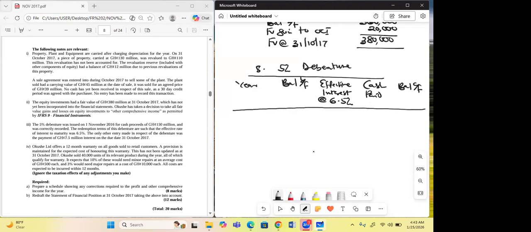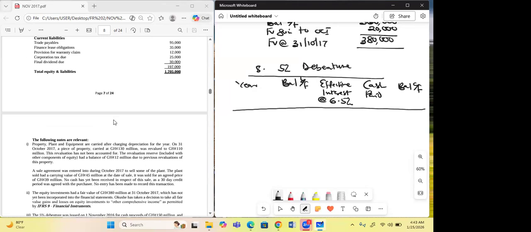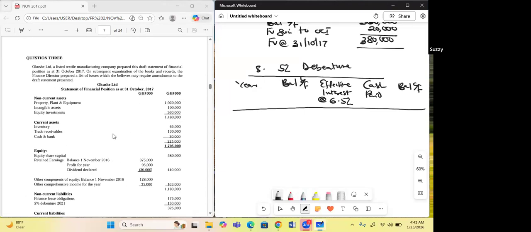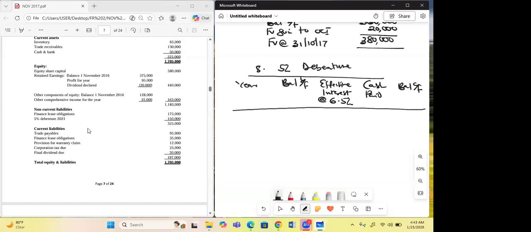So from the statement, they said it was issued on 1st November 2016. So they've used it for only 1 year. So from the statement, the 5% debenture balance was 150,000, right? Yes, sir.